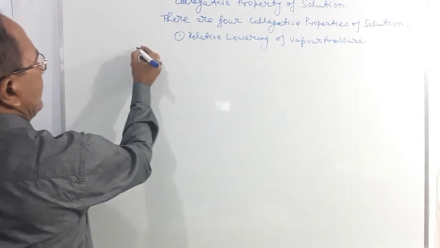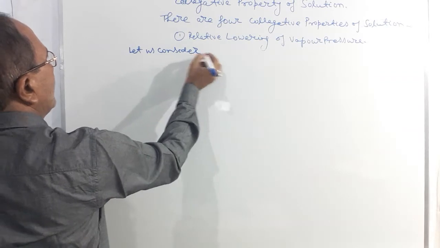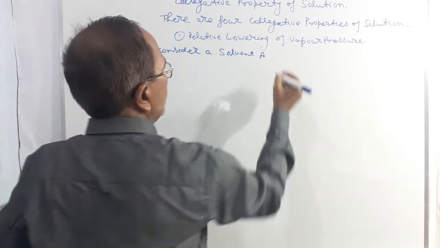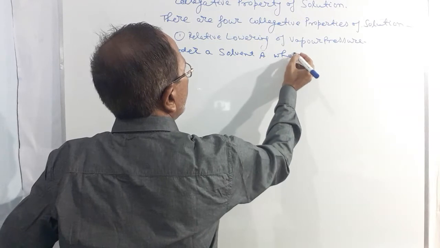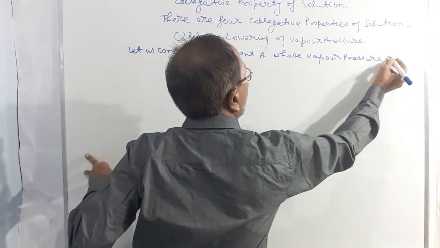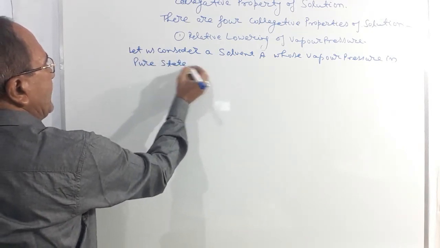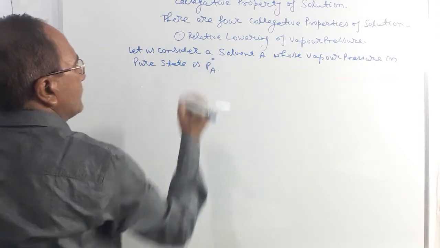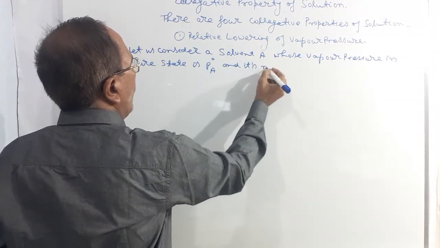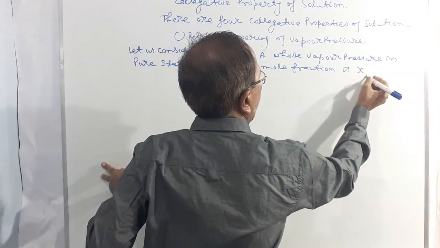So first, relative lowering of vapor pressure. Let us consider a solvent A whose vapor pressure in pure state is P naught A, and its mole fraction is XA.